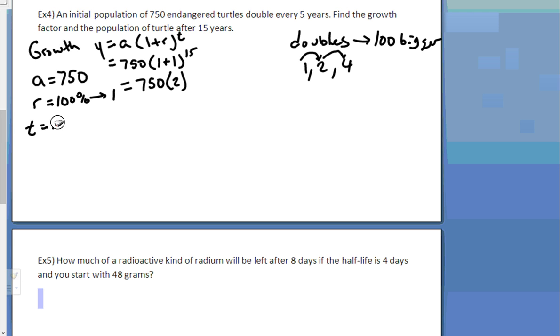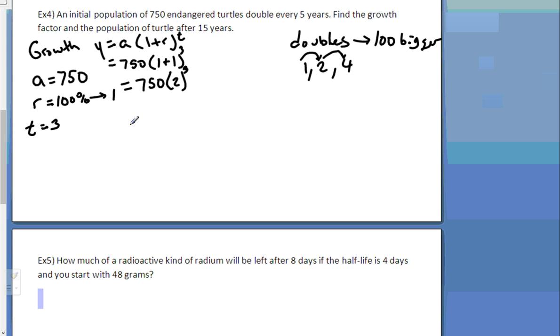How many times is it going to double? Well, how many groups of 5 does it take you to get to 15? 3. This should be 3 because it's going to double 3 times. Got it? Be very careful with that. If it's doubling every 5 years and there's 15 years going on, then it's going to double 3 times.